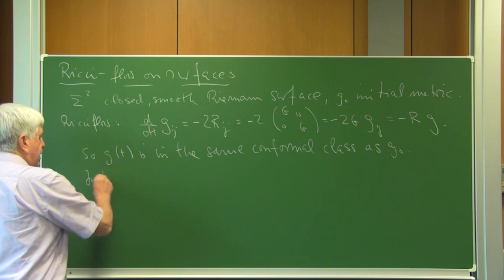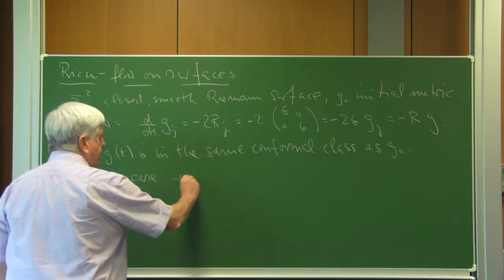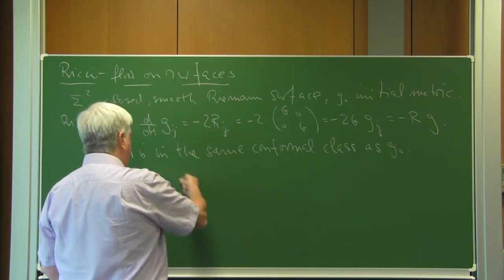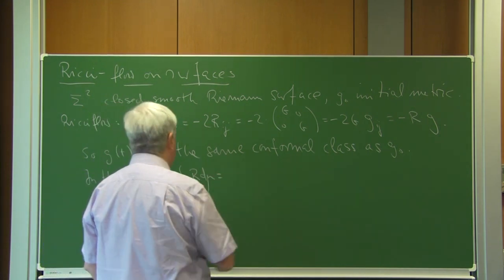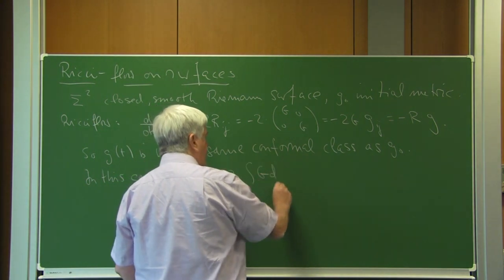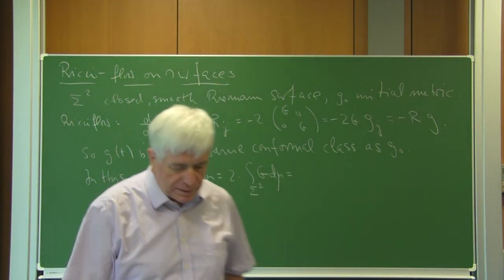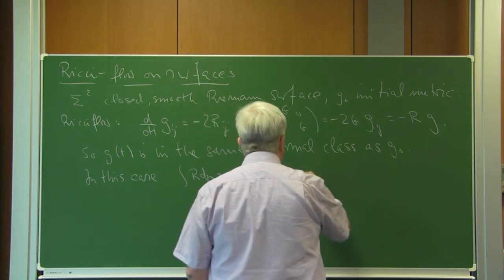So in this case we have the integral of R dμ, let's say 2 times the integral of the Gauss curvature of the surface. So this is 4π times the Euler characteristic of Sigma.